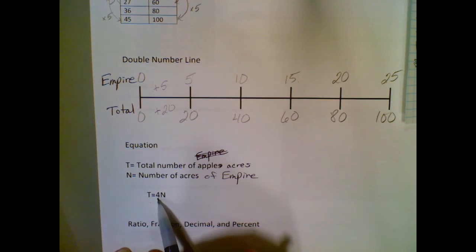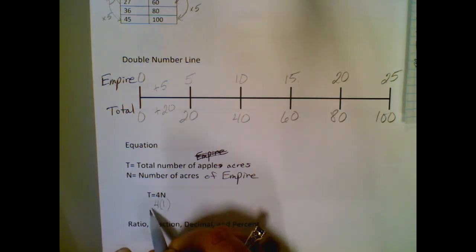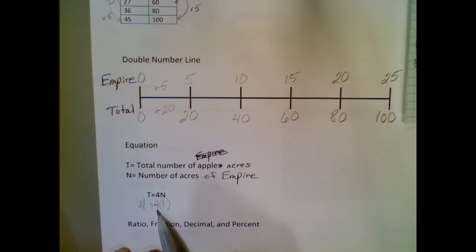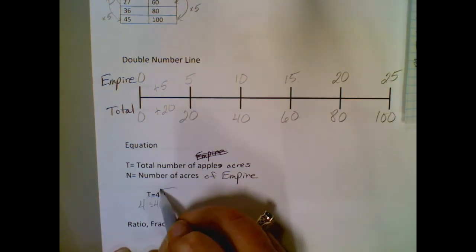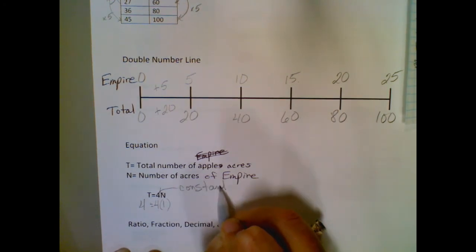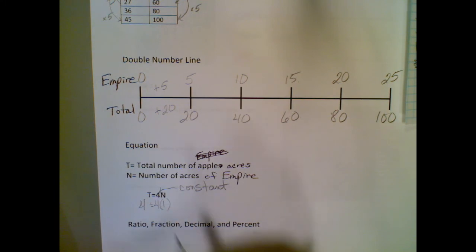So if I had 1 acre of Empire apples, I would multiply it by 4 to get a total of 4. This 4 here in our equation is the constant. And we remember whenever we have a number next to a variable, a number next to a letter, it means to multiply. That's why we have 4 parentheses 1.